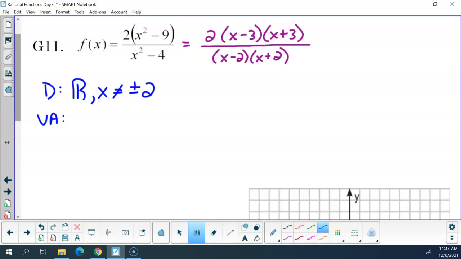X equals 2 and x equals negative 2. What's my horizontal asymptote? They'd be the same, so y equals 2.